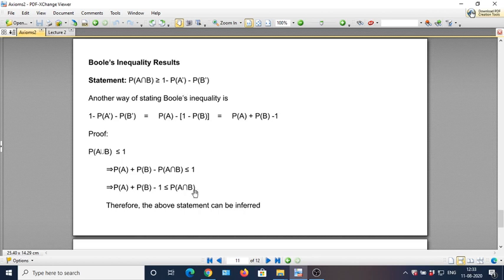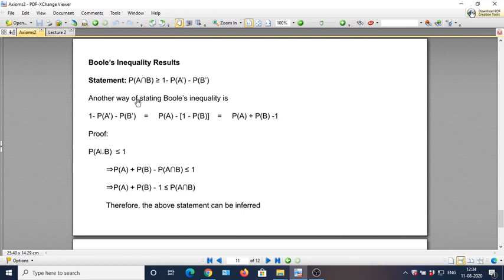Quickly going through it, what we are showing here is the probability of A intersection B is always greater than or equal to this quantity. We can rewrite it in this form. We will show how it can be done. 1 minus P of A complement is P of A, and P of B complement is 1 minus P of B. So rewriting, we get PA plus PB minus 1.